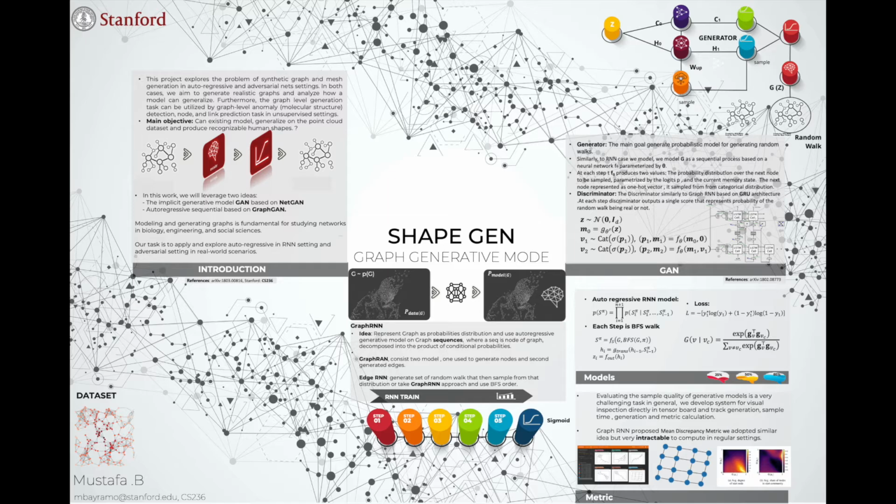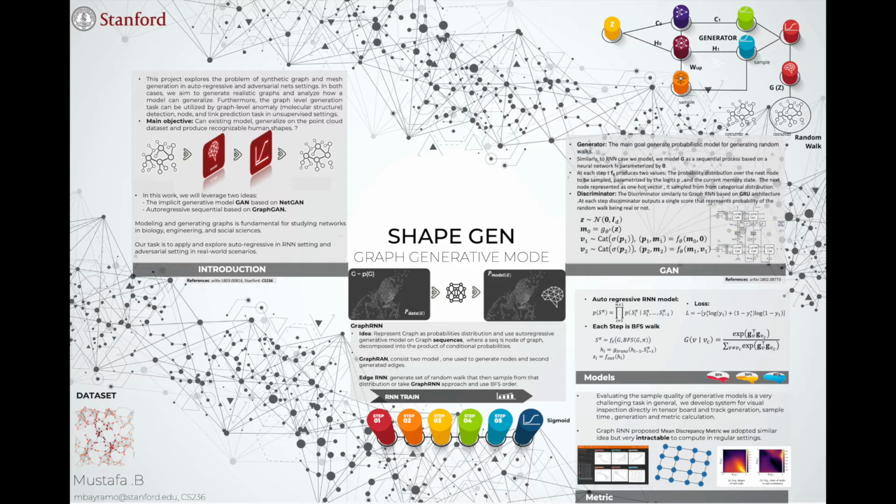In these settings, we use two parallel networks, and each network is responsible for producing a prediction for the edge and the node in the network. In essence, one network is used to generate a set of nodes, and the second network is used to produce the edges. So immediately one might ask how the network can predict the edge between the set of nodes. The idea exploited in GraphRNN is that it uses BFS node ordering.